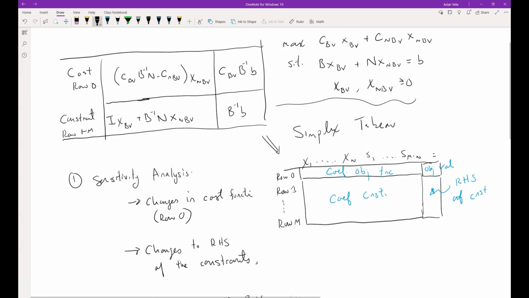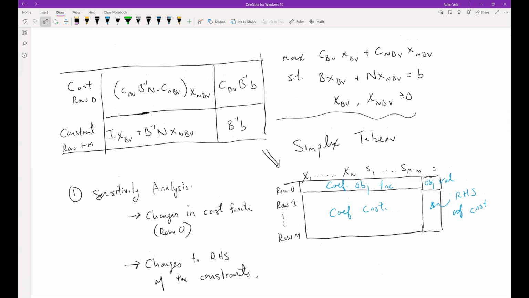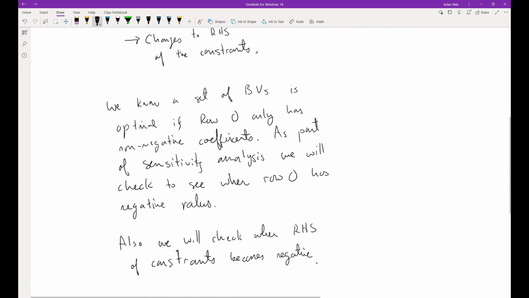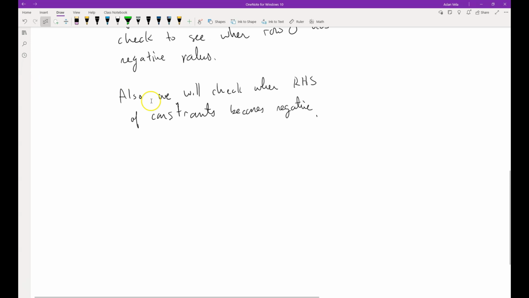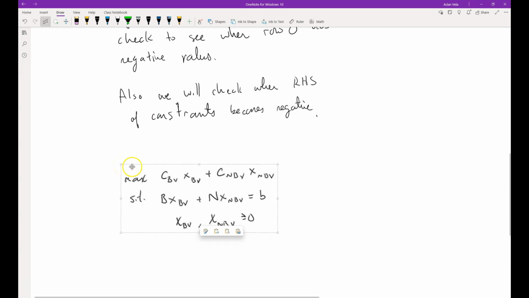Now, as part of our sensitivity analysis, we're going to study a few different basic sensitivity analysis problems. The first one that we're going to look at has to do with CNBV.